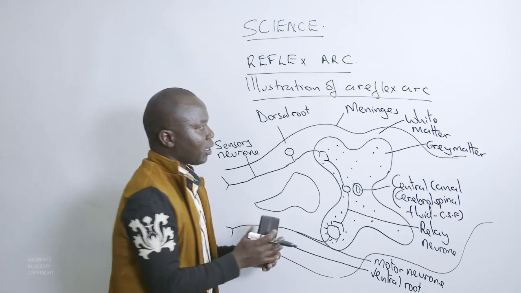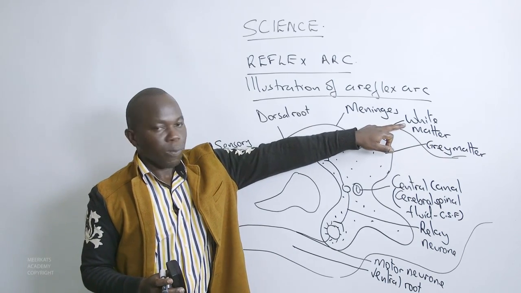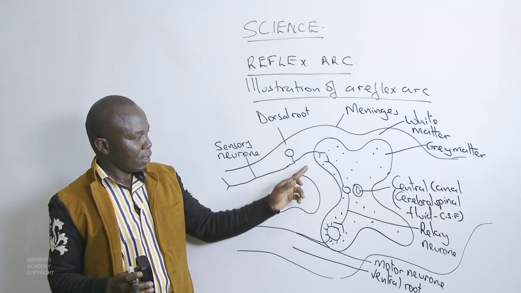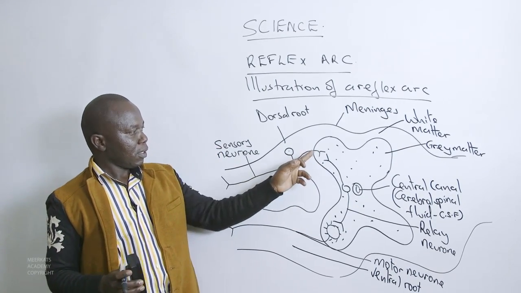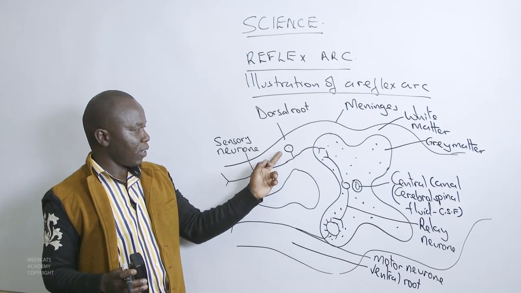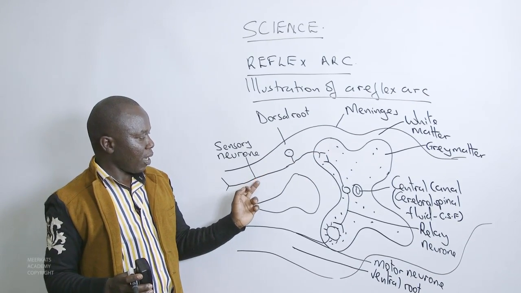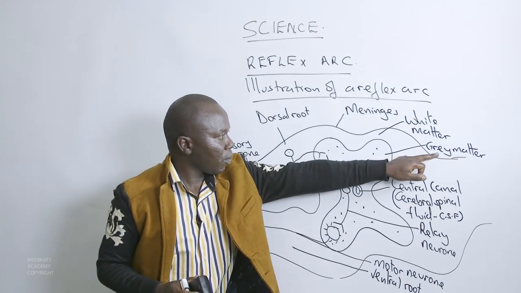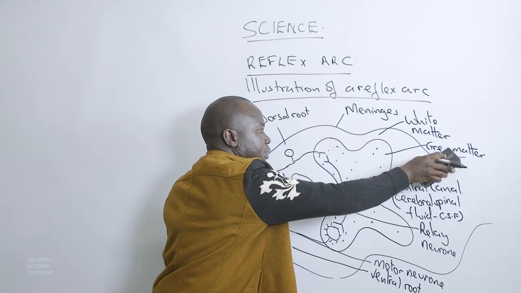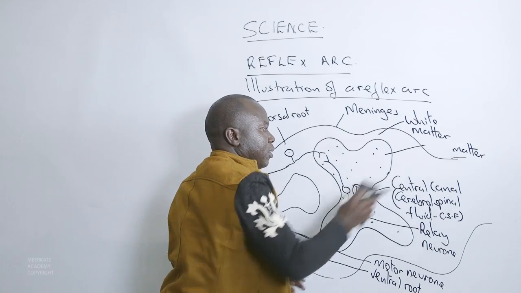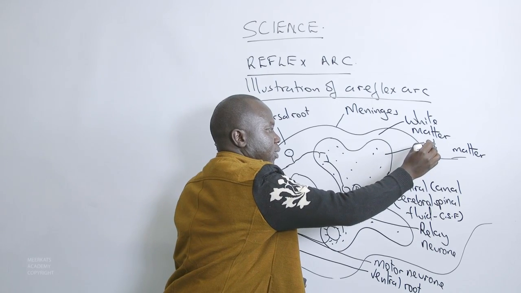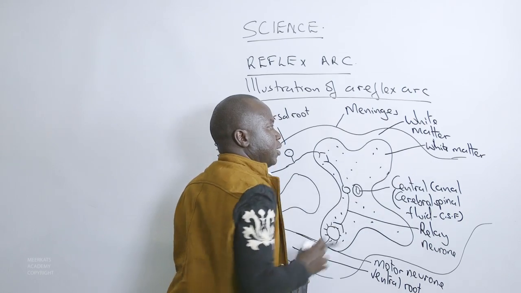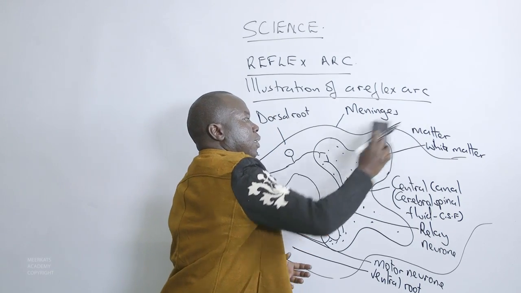But before we do that, there's something on why it should be called the white matter and gray matter. Look at this. You realize that that part we have the cell bodies. This is the gray matter, not white.